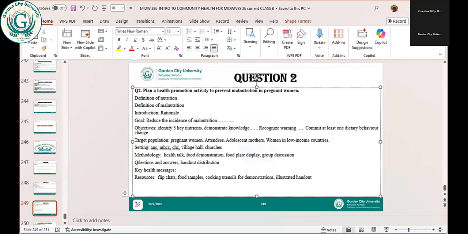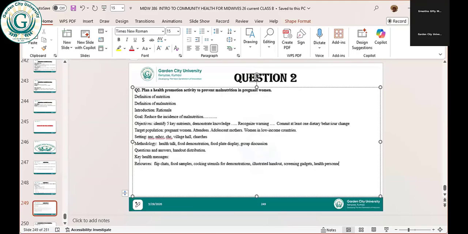MUAC tape, mid upper arm circumference tape for screening. And then health personnel, which is the midwife, nutritionist, community health nurses, and more. Okay, what else?